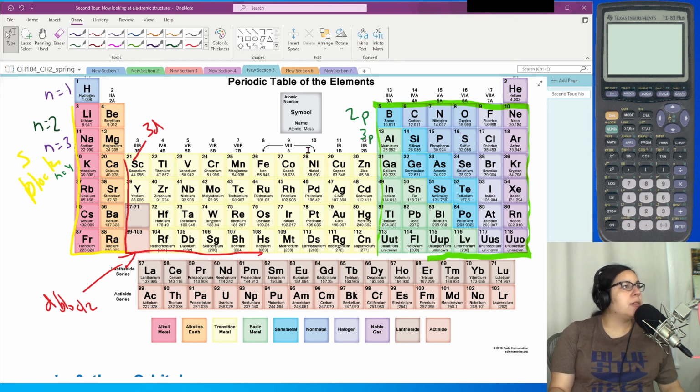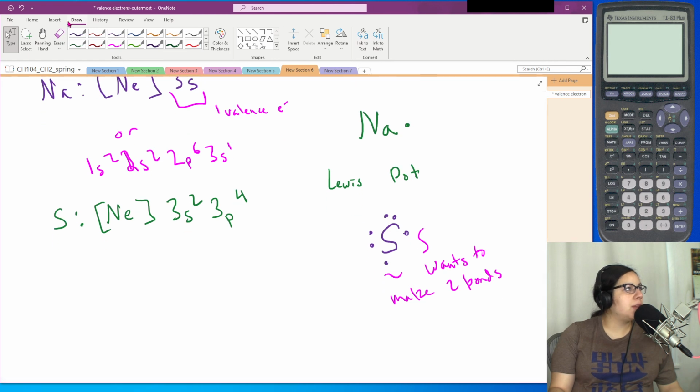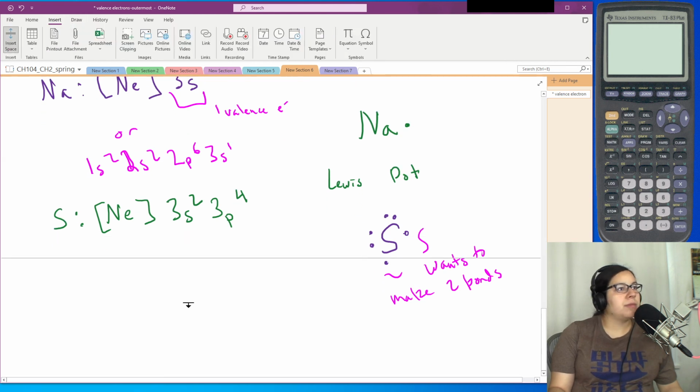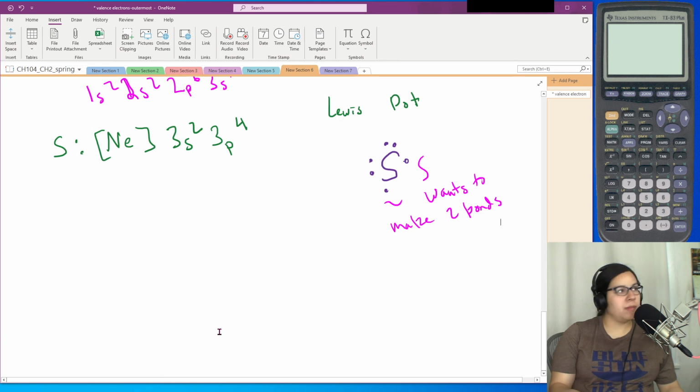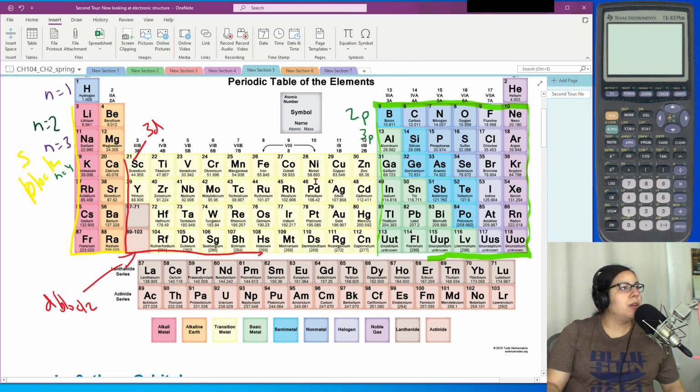Let's do the electron configuration for nickel. We'll do that together. We will not write Lewis dot structures for transition metals, because, as I mentioned, transition metals do a lot of funny things, and Lewis dot structures wouldn't be really reflective of their activity.